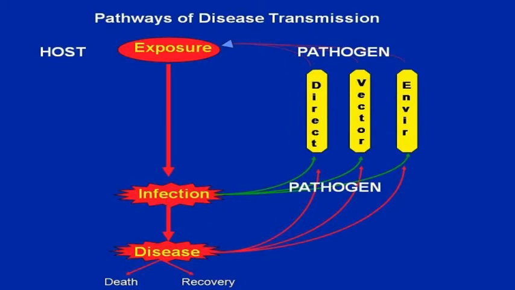Direct contact, vector, for example like a mosquito, mosquito-borne disease, or environment: contaminated dirty water or contaminated food. Then again the pathogen, through this channel, is exposed to other human bodies or other hosts. We are thinking about this cycle in order to control communicable disease among the human population. So this chart is very useful.